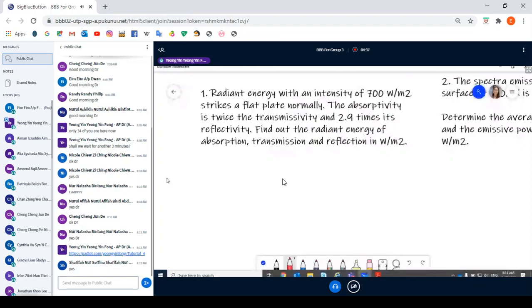Here it is mentioned very clearly: the absorptivity is twice the transmissivity, and it is 2.9 times the reflectivity. All these terms you should know. If the surface has absorptivity, transmissivity, and reflectivity, it will be a semi-transparent object.